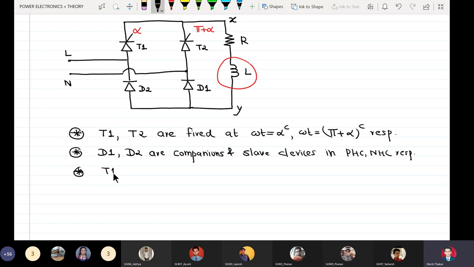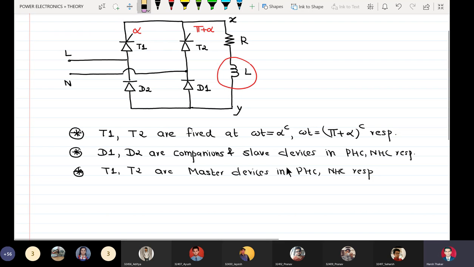And third, T1, T2 are the master devices in PHC and NHC respectively. Why we are calling them masters? Because till they are not fired, the conduction in that half cycle does not start.